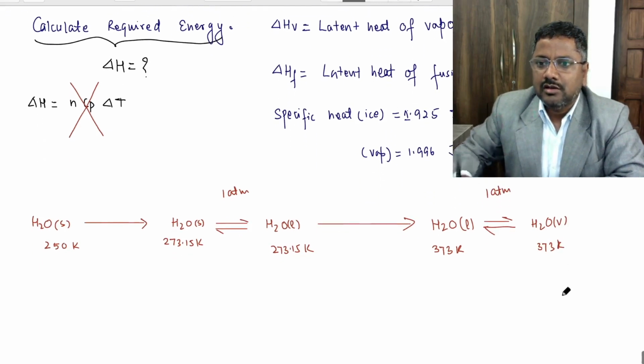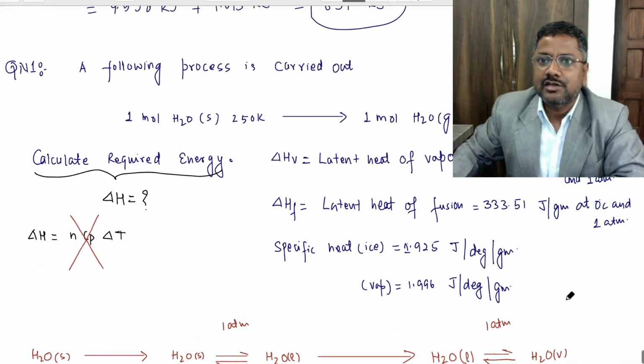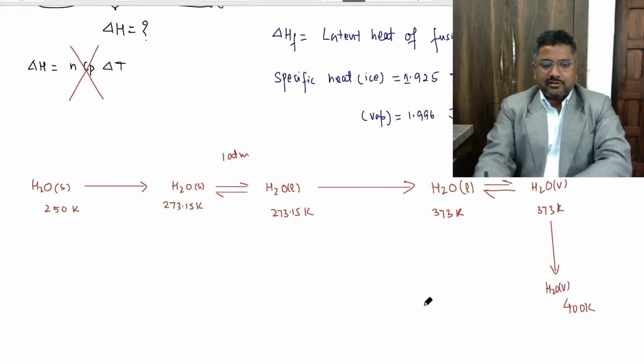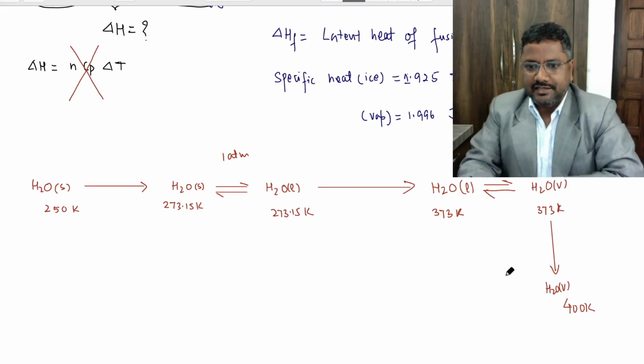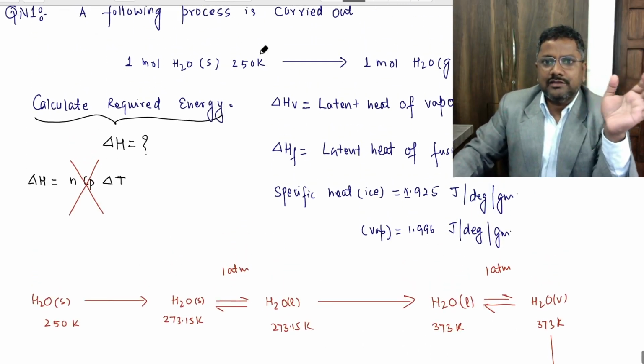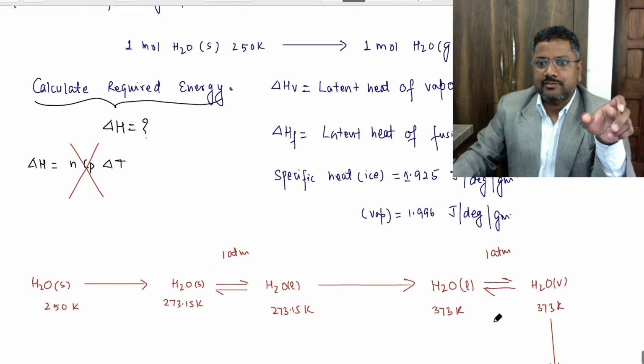Now this water vapor will be heated, so the temperature of the system will rise. This is H2O vapor, and it is given how much? 400 Kelvin. So this is called path designing, right? Here I have broken this process into such steps.